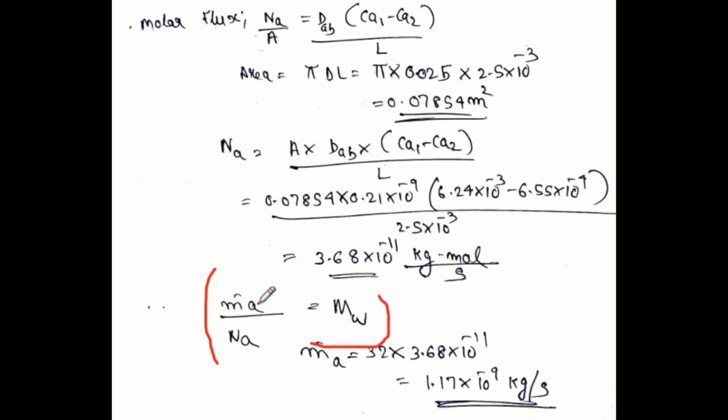We have the mole rate, so we just multiply the molecular weight with the mole rate. The molecular weight of oxygen is 32. So our answer is the mass rate equal to 1.17 into 10 raised to minus 10 kilogram per second.